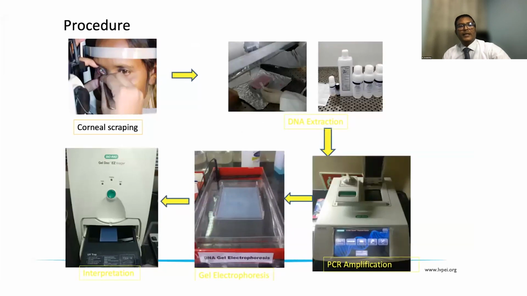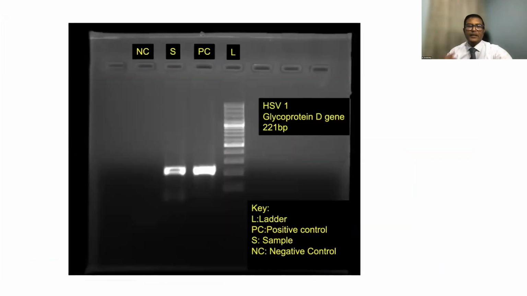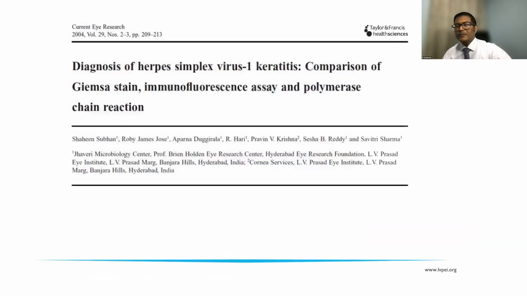In this, the DNA is taken from the scraping samples, extracted, and then amplified, and in a gel electrophoresis system the amplified DNA is subjected to electrophoresis, and these bands have a particular pattern which helps us decipher the type of organisms, because that's where they are neutralized by the tagged antibodies.